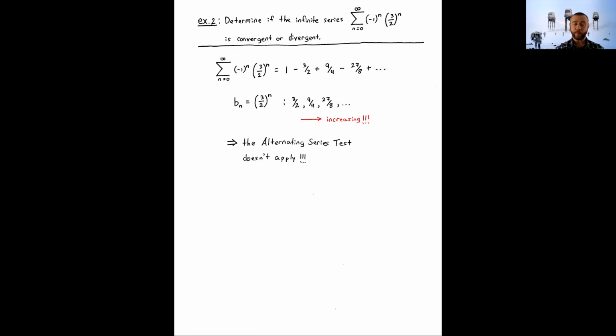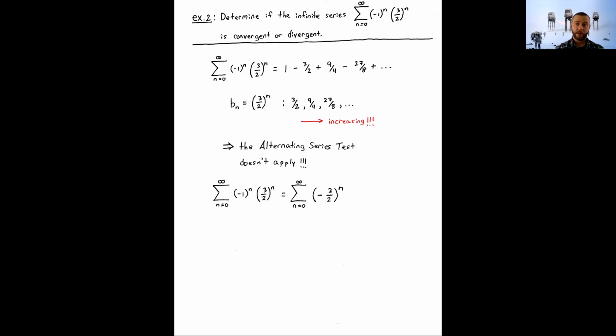All right, well, fortunately, we have some other tests. What we can do here is simply rewrite our general nth term from the original version, -1 to the n times 3/2 to the nth power. We're just going to use some basic exponent rules, as we mentioned earlier. We can combine those separate nth powers, reversing an exponent rule.